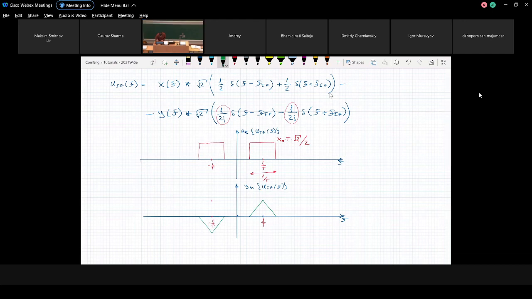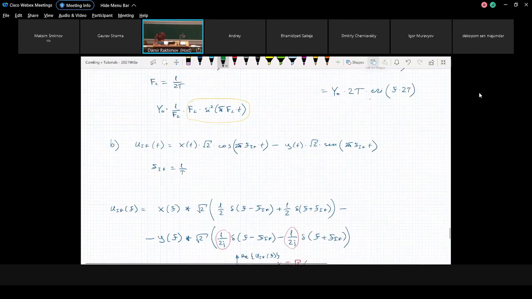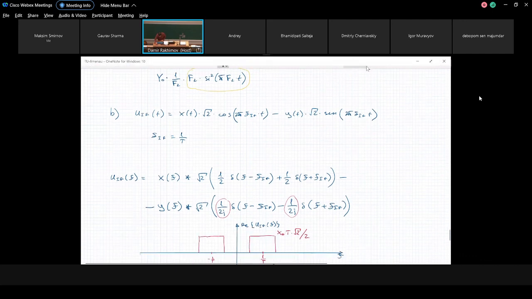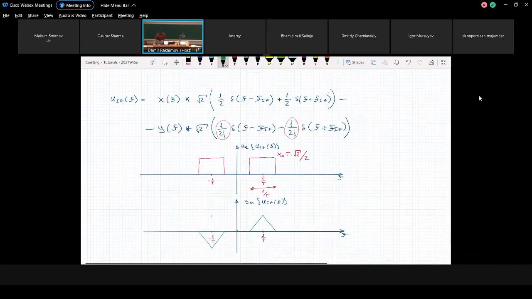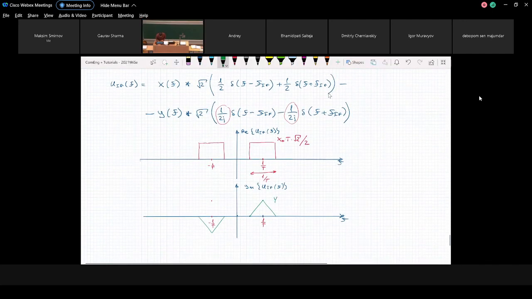Our triangular function, and we have to think about amplitudes: I0 times 2 capital T times square root of 2, divided by 2.